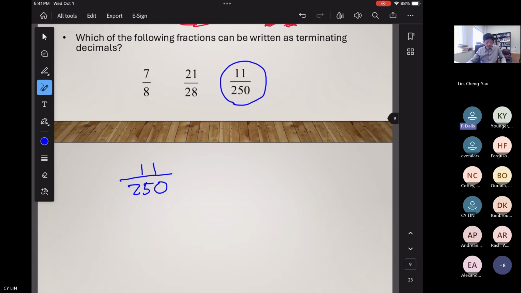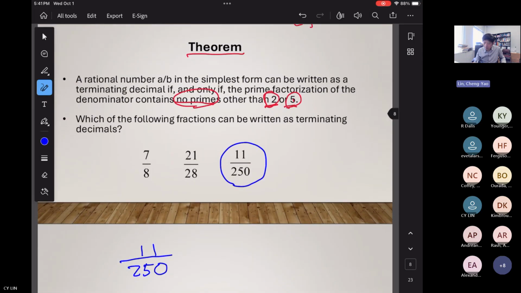Because 5 goes into it. Based on this rule, if we have only 2 and 5, and nothing else, it's terminating. If we have a 3 or a 7, the answer should be no.